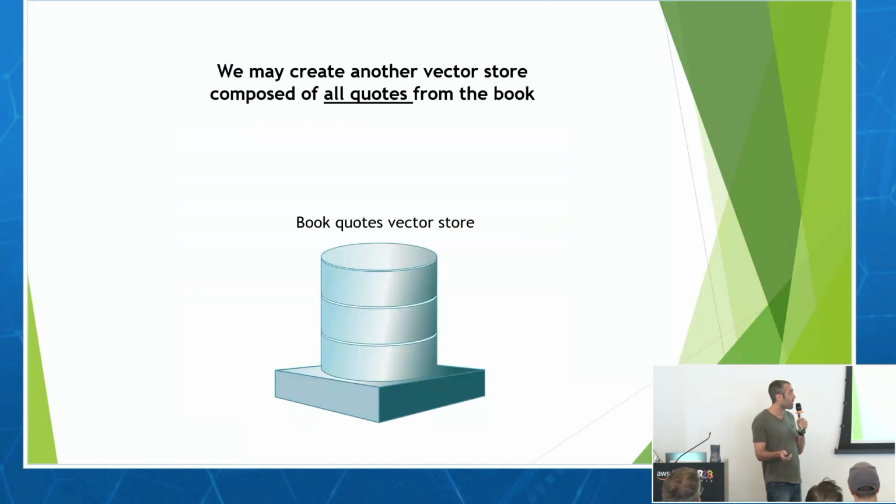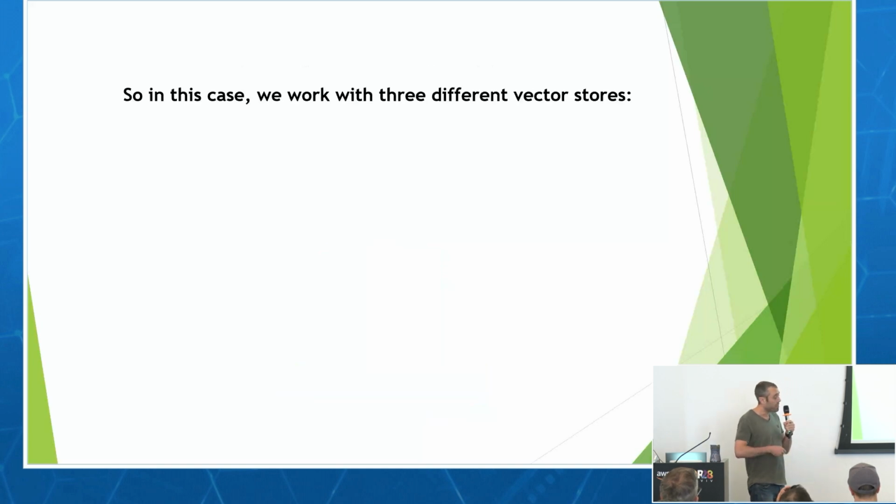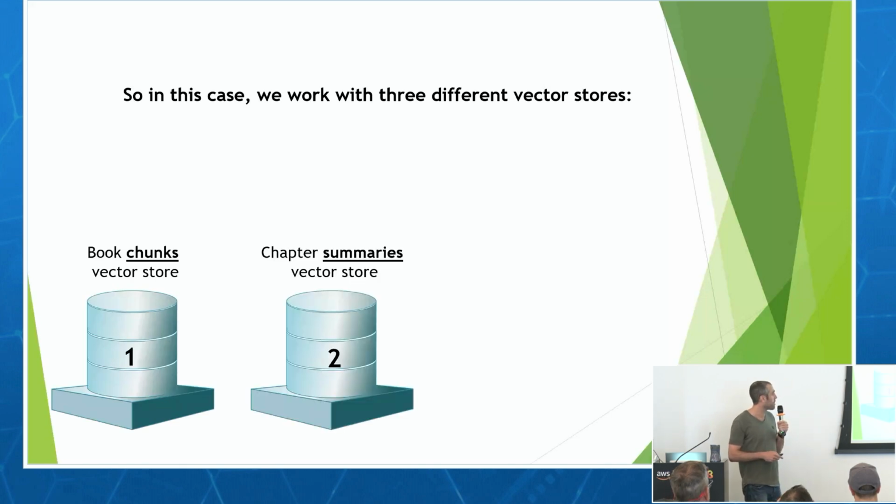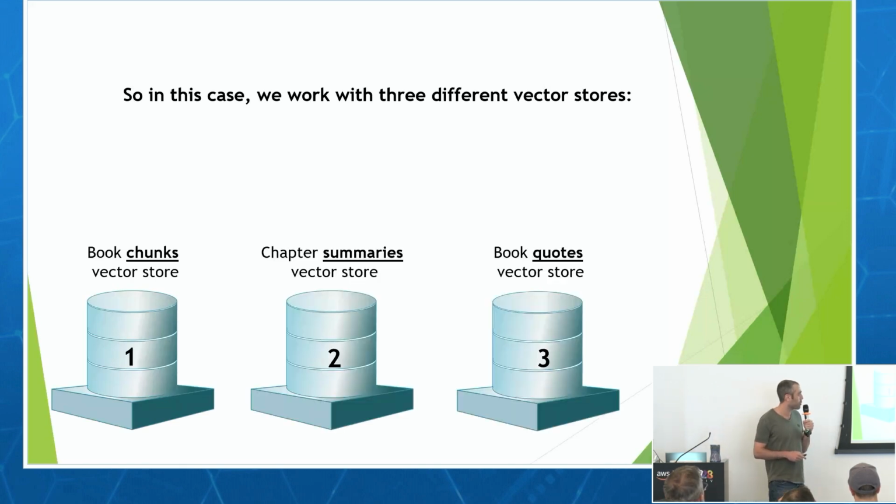So we can also take all the quotes from the book and embed them inside a book quotes vector store. So in our case, we have 3 different vector stores: the chunks vector store, the chapter summaries, and the book quotes vector store.